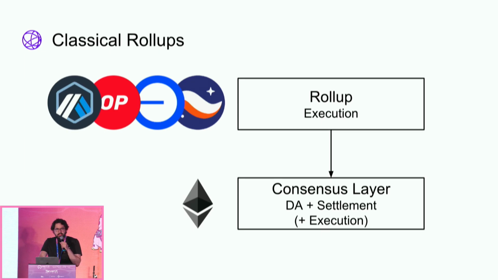So the model that has evolved for classical rollups, which have basically been what people have seen for the past couple of years, modulo the past few months, is one where the layer 1 Ethereum chain serves as a consensus layer that is responsible both for data availability and also settlement.